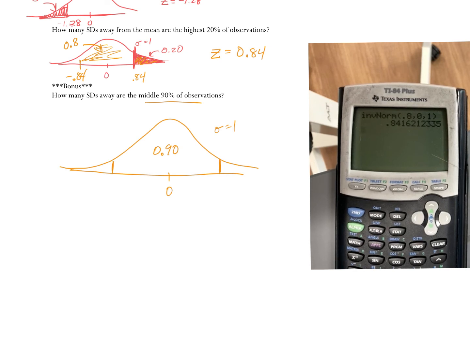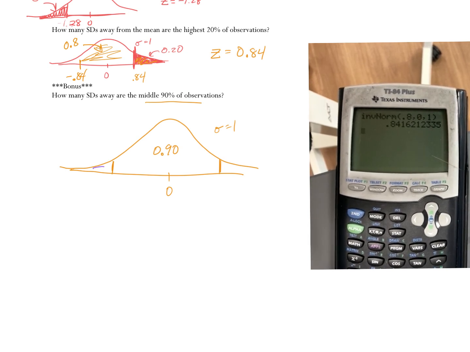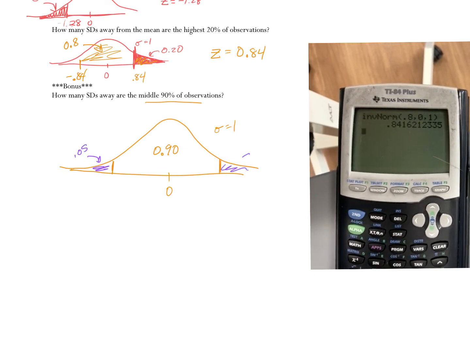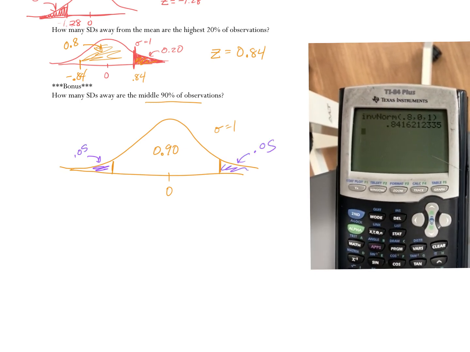What does that make each of the tails? Because now we have two pieces, right? 5%. So are you guys cool if I call this 0.05 and this 0.05? Yes. Okay.